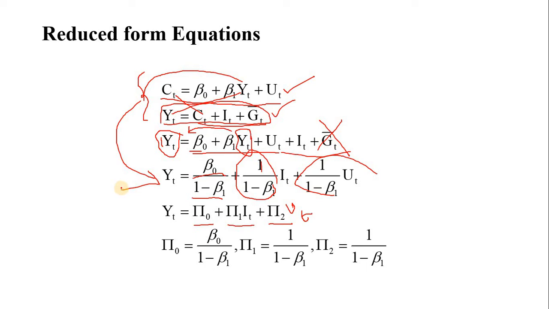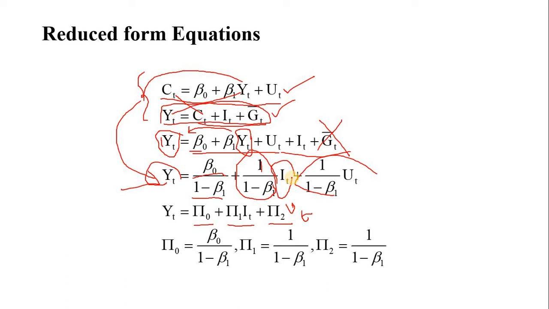And this yt is the endogenous variable, and on the right hand side, other than the disturbance term, it only has exogenous or predetermined variables. So on the right hand side only the exogenous or predetermined variables will appear.